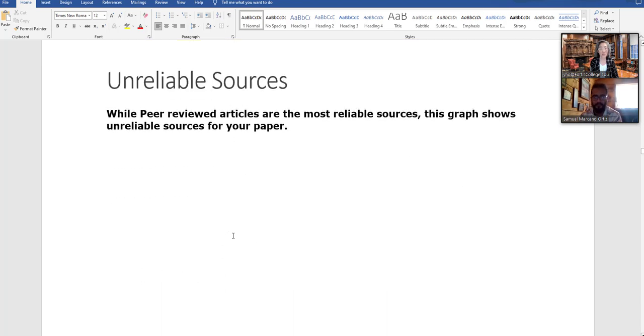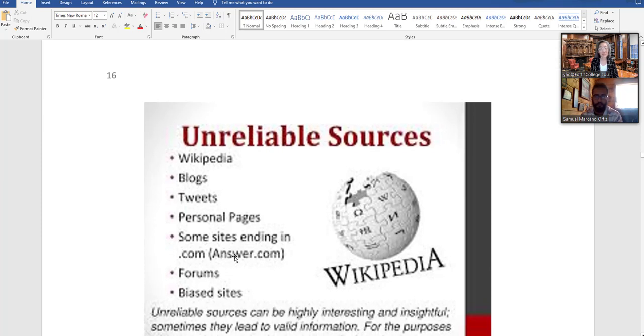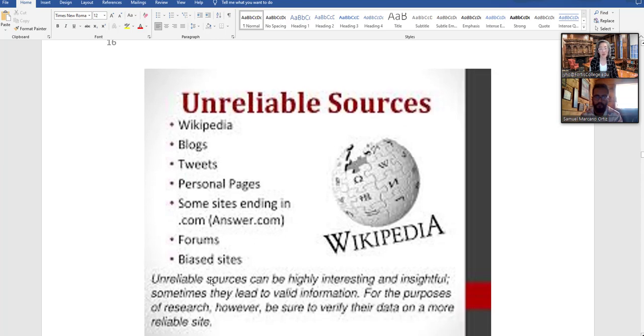Unreliable sources are things like Wikipedia, blogs, tweets, personal pages, some sites (I don't think they even have answers.com anymore), forums, and biased sites. I'm going to go over what a biased site is. I think there was one called I Hate Nazis, or hatenazis.com or something.